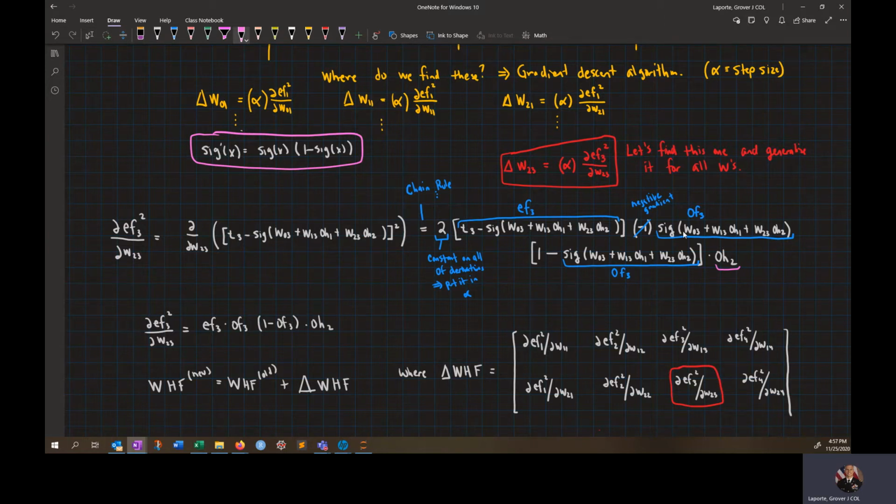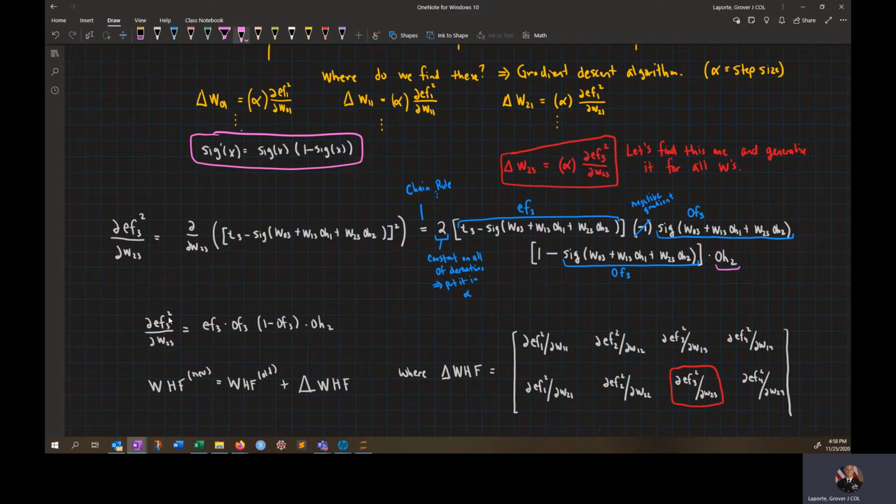How about this one? Sig of all of that business is just OF3, so we already know what that number is. And then 1 minus the sig of all that business is also OF3, so 1 minus OF3, and then times OH2. We also know what that number is. So let's put all of this together.